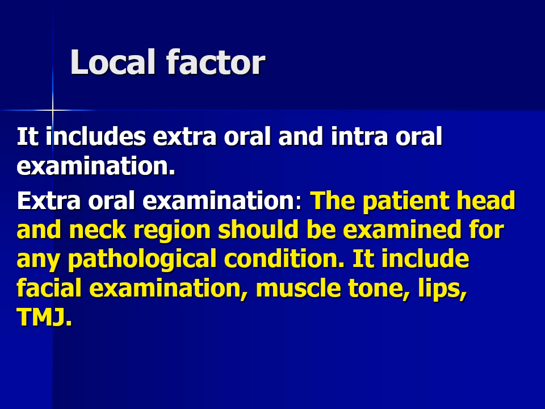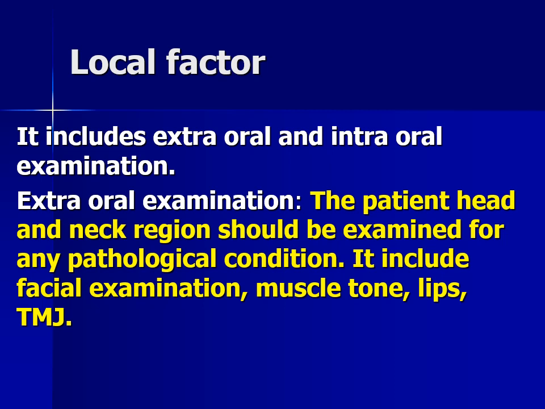Well, the local factors, in addition to the systemic, we have to look for the local factors, and these local factors could be divided into extra-oral and intra-oral examination. Well, the extra-oral examination means the head and neck region should be evaluated and examined for any pathological condition.